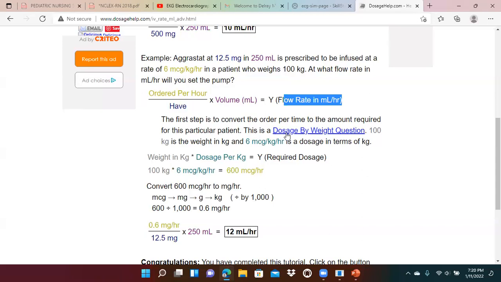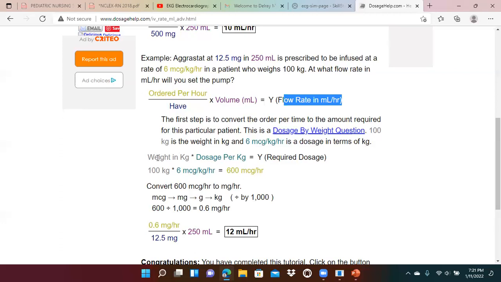So this is the dose by weight formula. Weight is 100 kilogram and 6 microgram per kg per hour is the dose per kilogram.